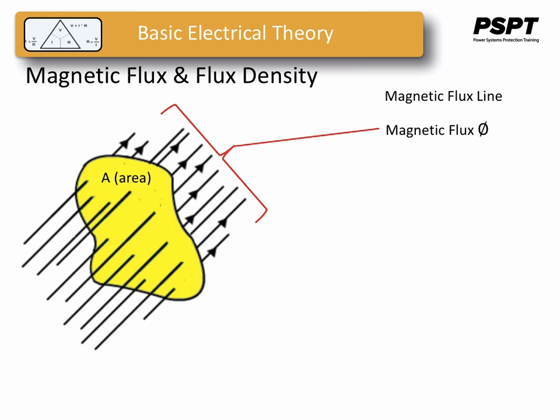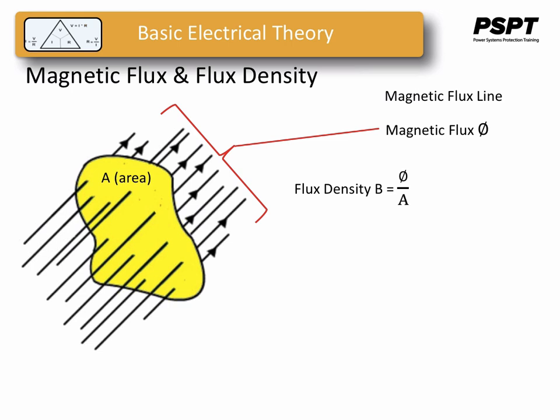If we consider a flat area, such as what is in yellow there, that the magnetic flux passes through, then we can define magnetic flux density as the amount of magnetic flux in an area that is perpendicular to the direction of the magnetic flux. Or in other words, magnetic flux density is the amount of magnetic flux perpendicular to a given flat surface area divided by that area.